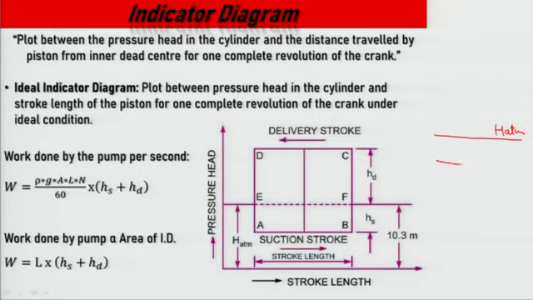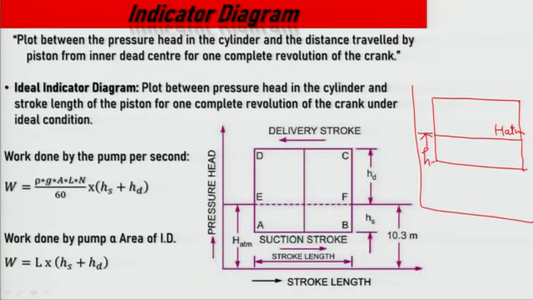Below this is the suction, above this is the delivery. This is the diagram. This one is the Hs, suction. This is the Hs, and this is H atmospheric, and this is the HD.